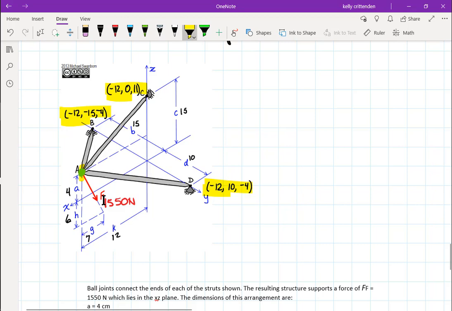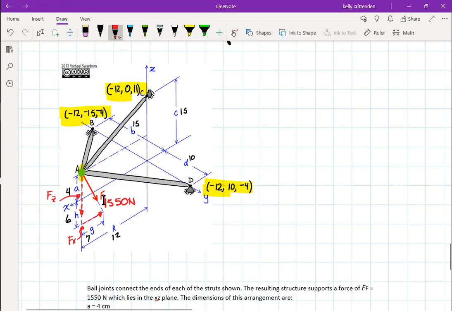It has an FZ component that would go straight down here, and it has an FX component that goes backwards in the negative X direction. I haven't figured out what those things are yet, but that's Fx there, and there's Fz there. And so we'll need those when we write the X and Z equations of equilibrium.